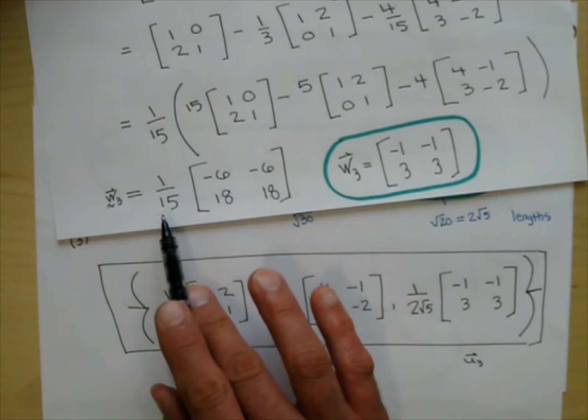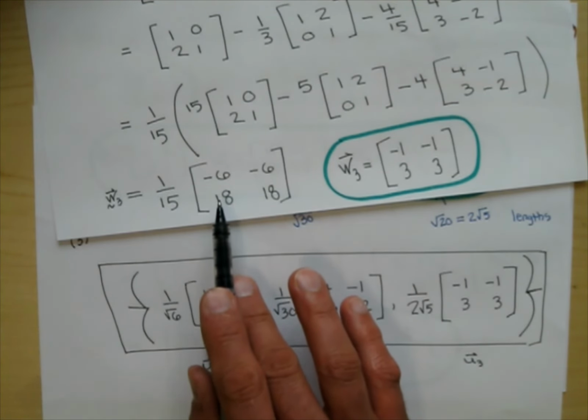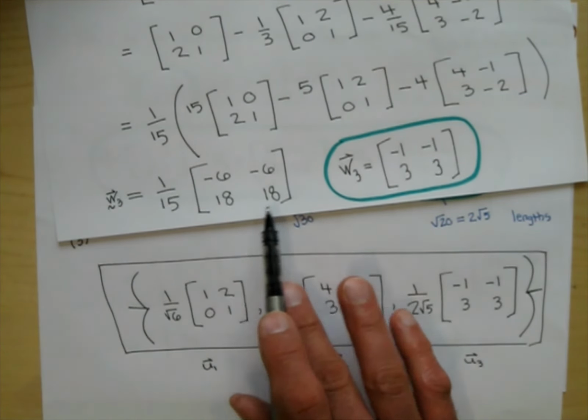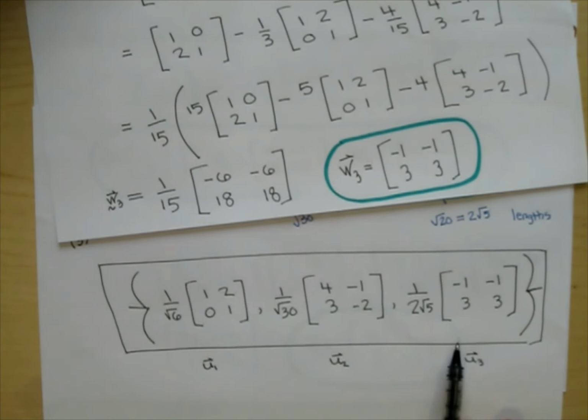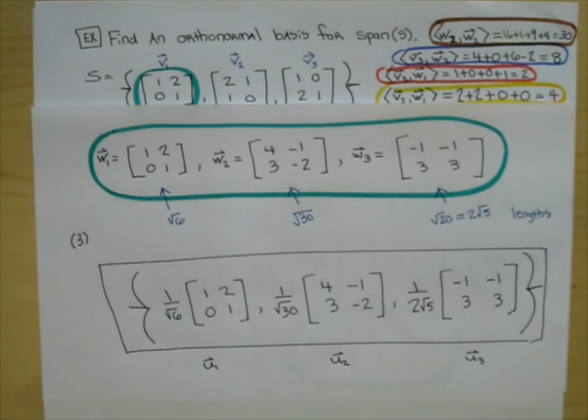Well, if I had done W3 with fractions, by the time I normalized it, which would have been kind of a nightmare, I would have ended up getting exactly that vector. Because these guys have the same direction, they just have different lengths. And then this is the one that has length 1. And each of these have length 1. So I have an orthonormal basis.